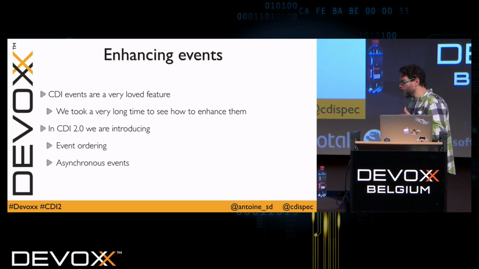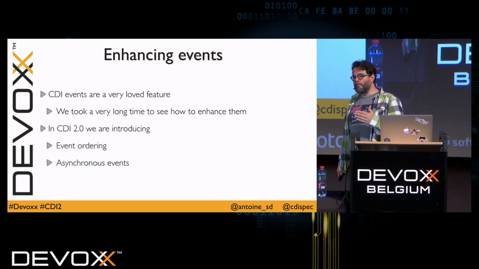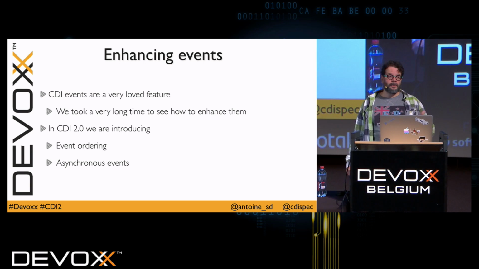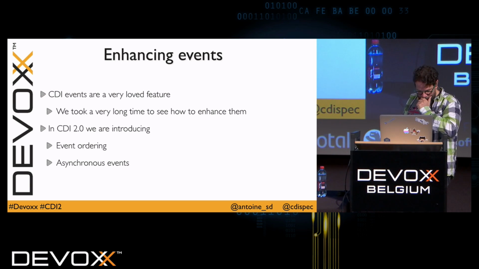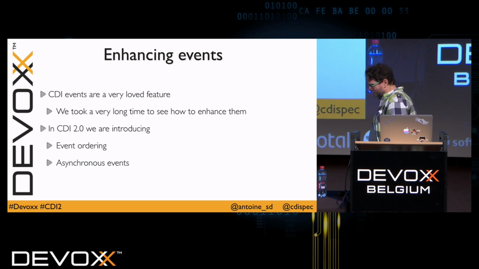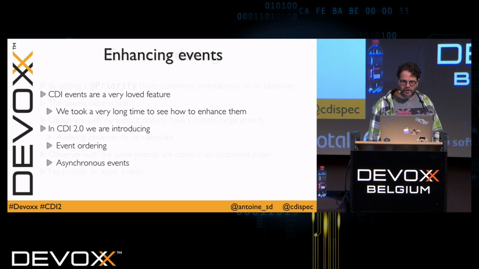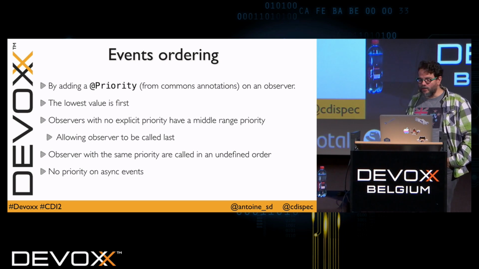So now in CDI 2 we'll be able to give a priority on your observers, and decide which observers are called first and last. And last but not least, we are introducing asynchronous events, which is a feature that was requested by a lot of users for a long time. So let's start with the easiest part: events ordering.